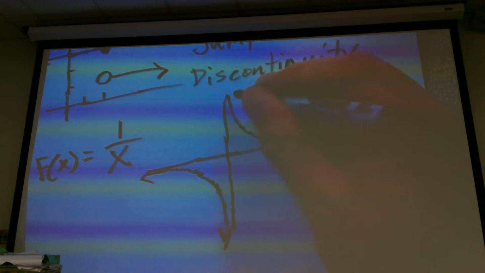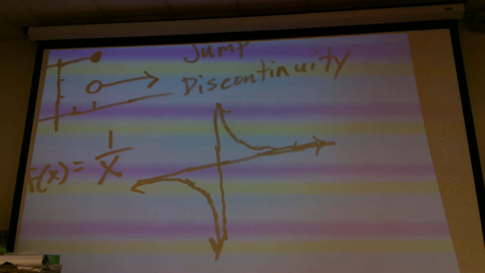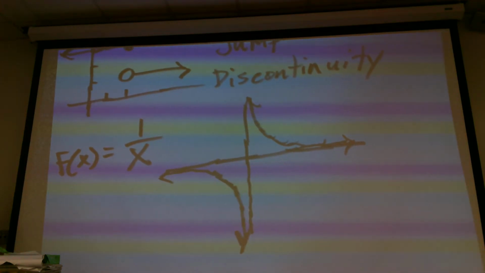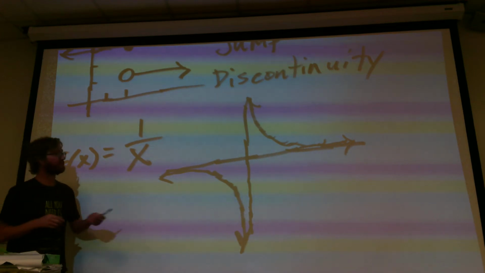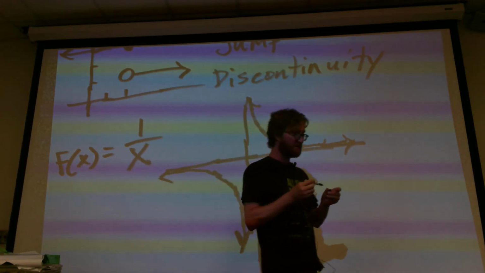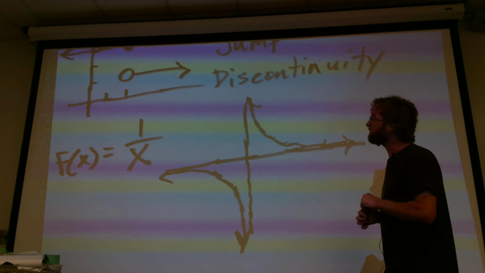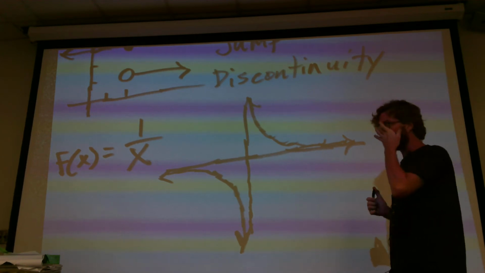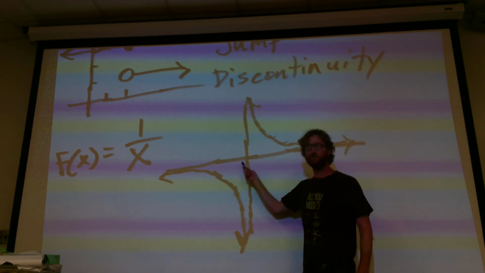Now, if I approached from the right, this thing would actually extend towards positive infinity. So how does this make sense? So let's say I was getting closer and closer towards 0. Okay, so I'm going in this direction right here.